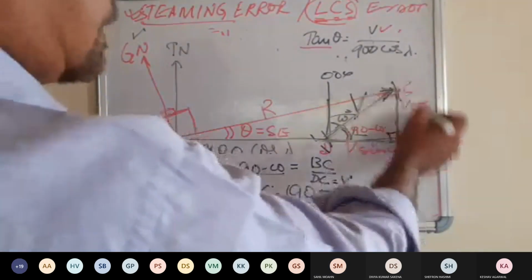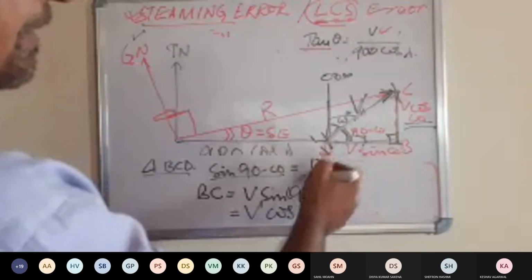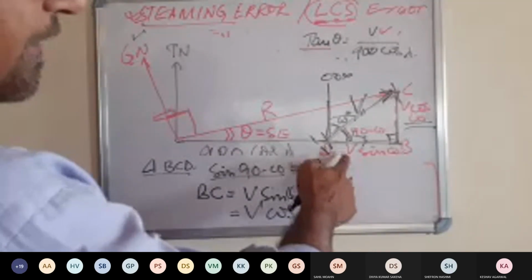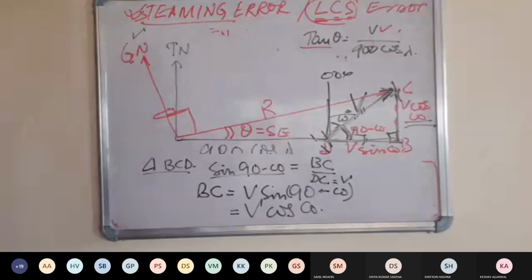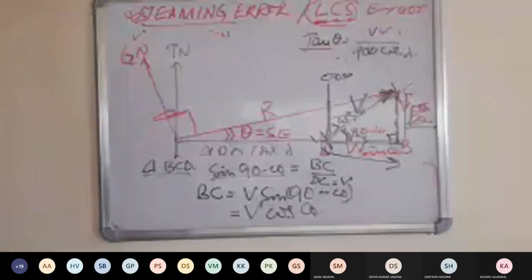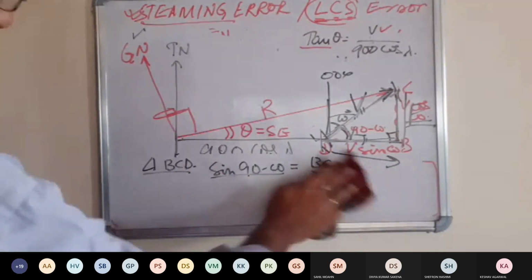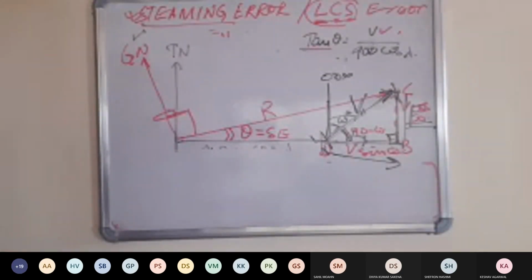So this BC is V cos course. And similarly, we find the relationship between this and this, which gives V cos 90 minus course, and that becomes V sin course. So we add this to the 900 as the base, and the perpendicular is this P that we have. So the value of tan theta is found. Is it correct or not? Correct. Okay, all clear?